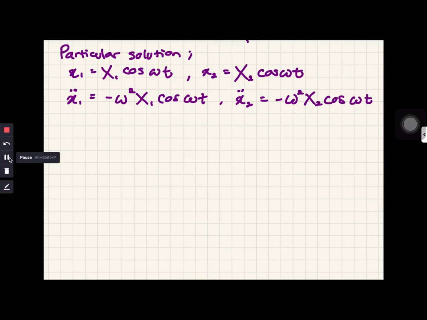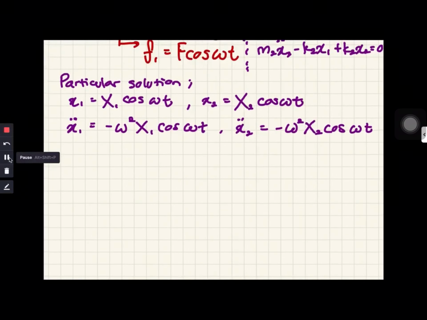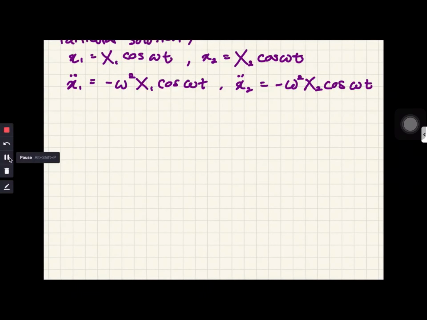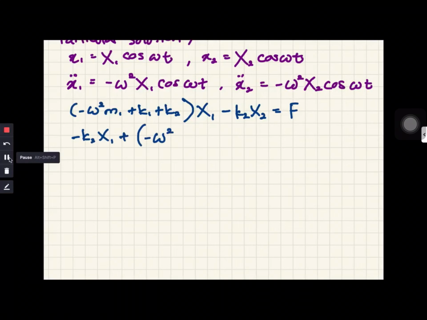Okay, if we substitute all of this into the equations of motion, the first equation is (negative omega squared m1 plus k1 plus k2) capital X1 minus k2 capital X2 equals F, and the second one is negative k2 capital X1 plus (negative omega squared m2 plus k2) capital X2 equals 0.